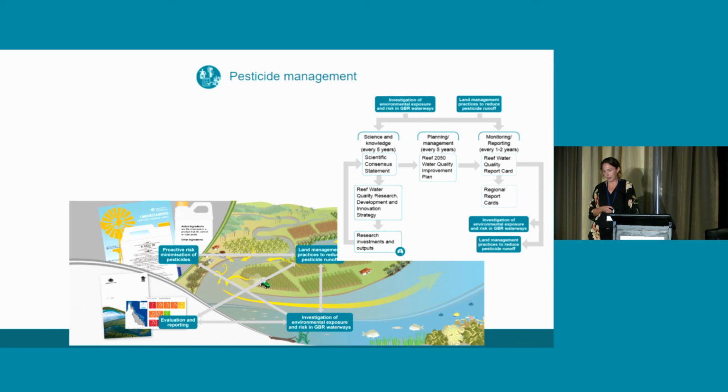In some cases, there is another loop to that cycle, and that is that the data from the investigations may also go to the APVMA, and they may use that to review those label conditions.